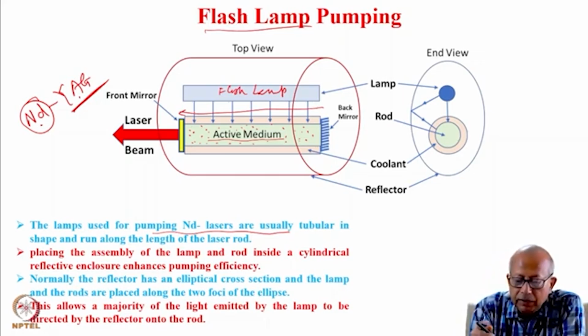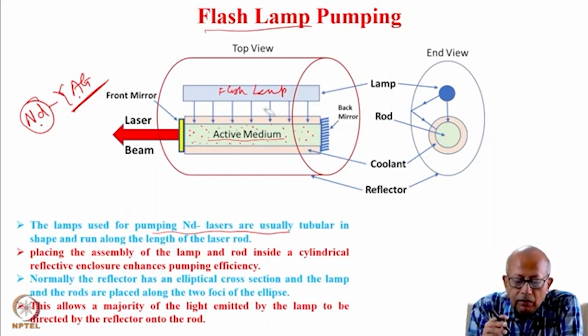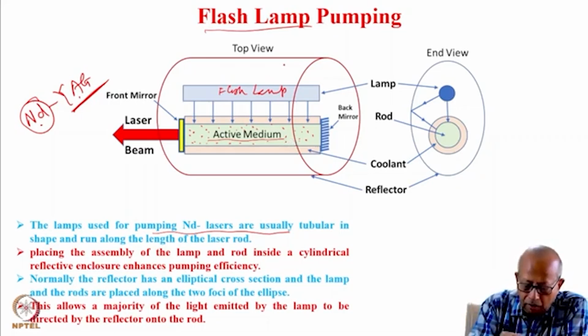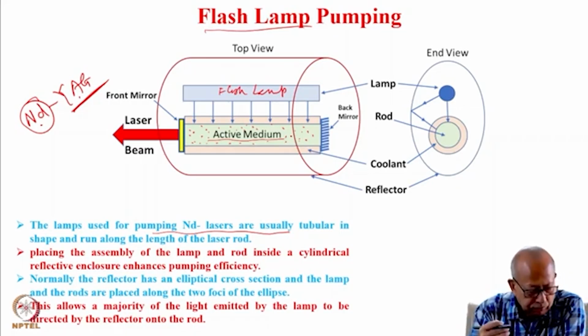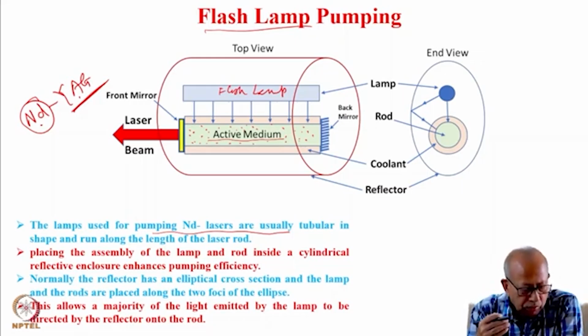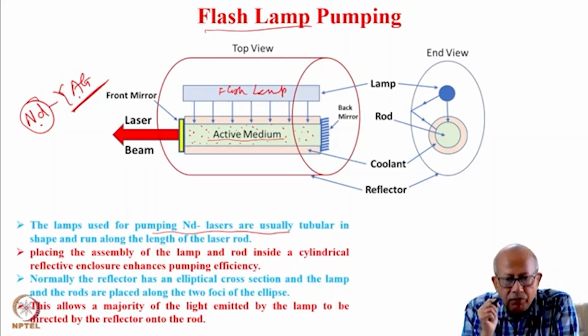Placing this assembly, that is the flash lamp and the laser rod, inside a cylindrical housing, the inner side of which is reflective coated, of course enhances the pumping efficiency, that we have seen even before in one of the earlier classes.